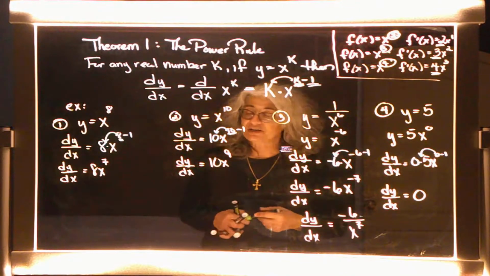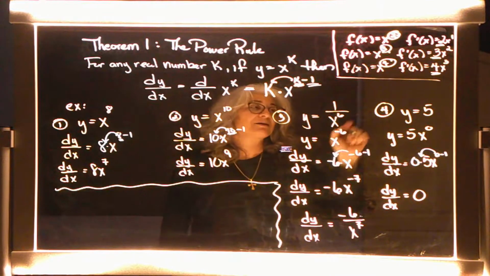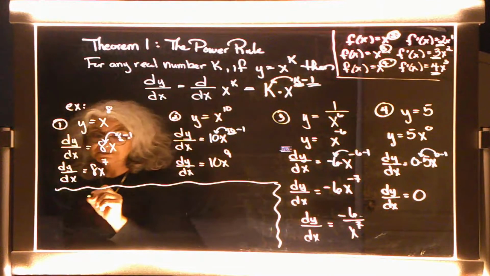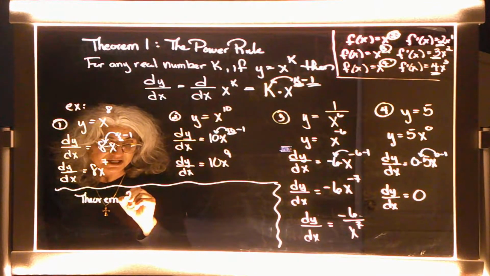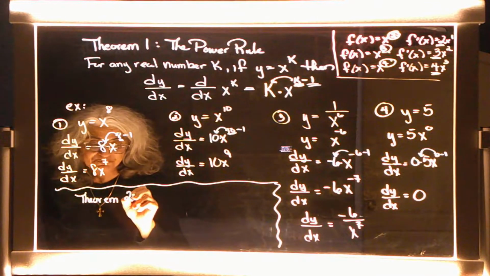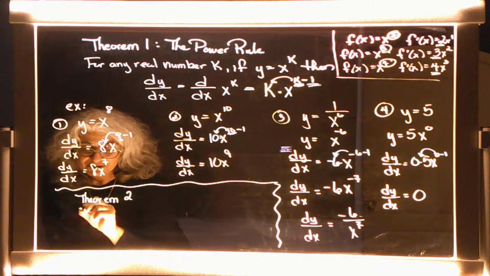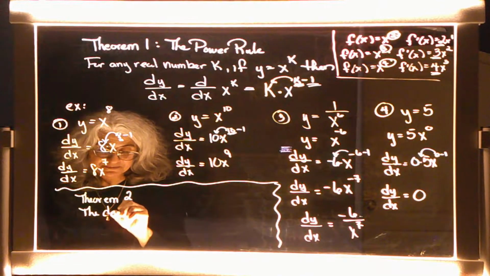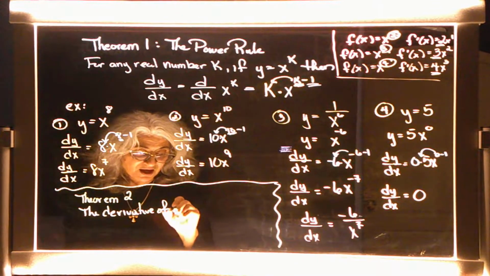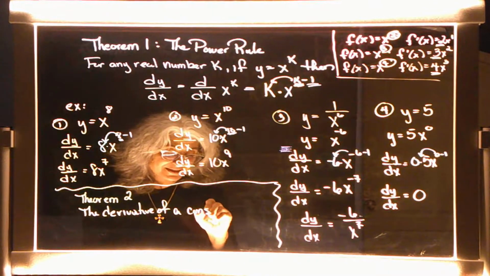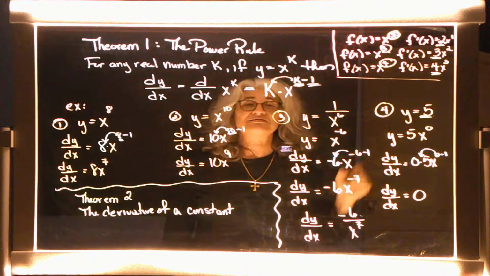Okay, so here's what happens based upon example number 4. I end up with this particular theorem, theorem number 2. And theorem number 2 states the derivative of a constant, isn't 5 a constant?